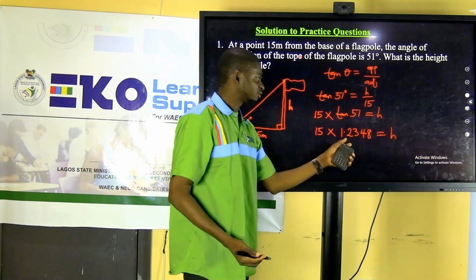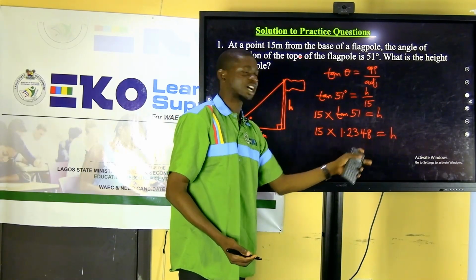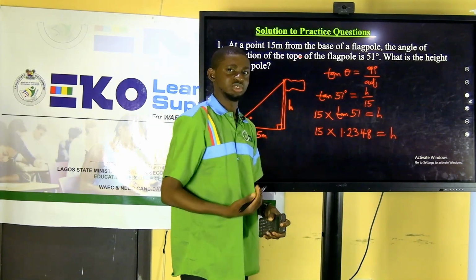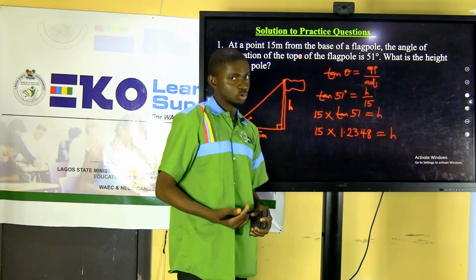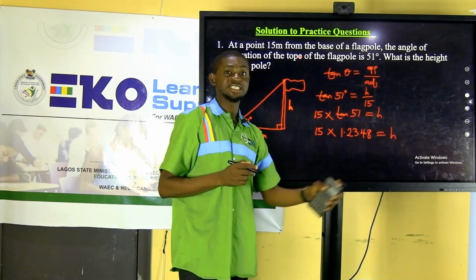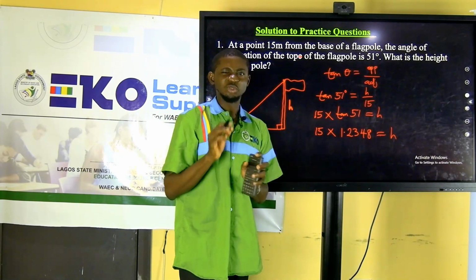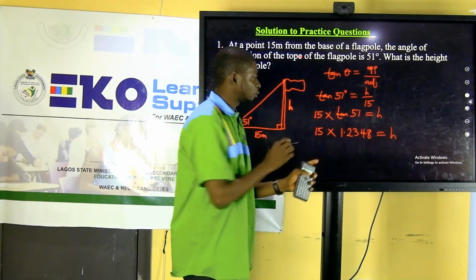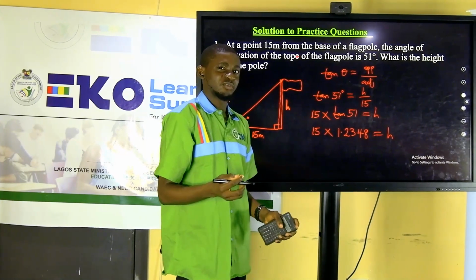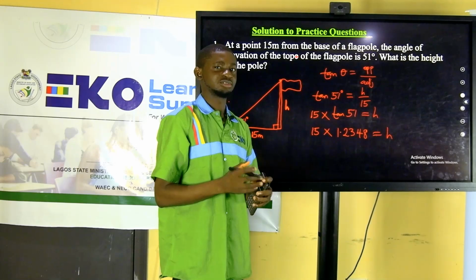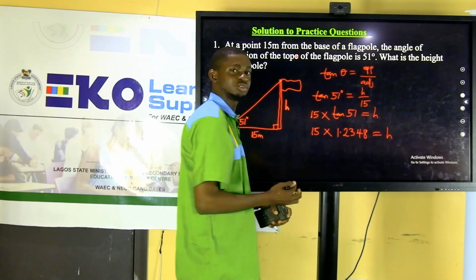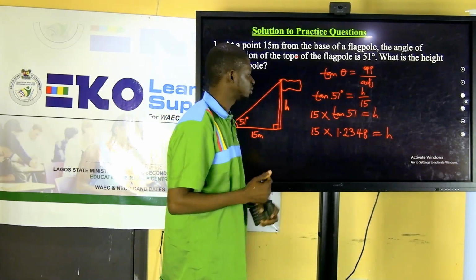But I'm just using these 4 digits after the decimal for the sake of those using the 4-figure table. Calculator value is slightly different from the 4-figure table, but they are very, very close. So no problem. That's why it's advisable to choose the first 2 digits if you are using a calculator.